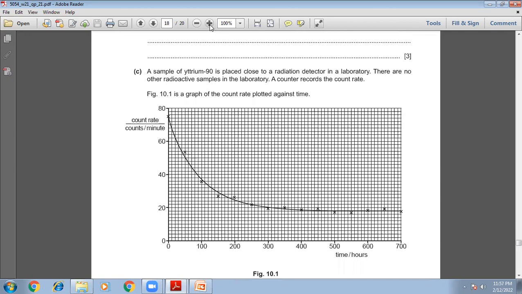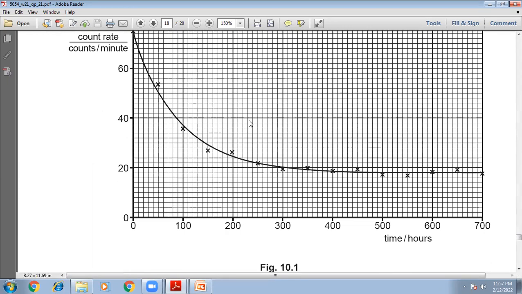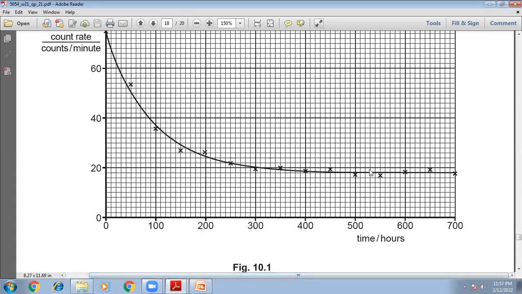So this is the graph. Let me increase the size so you can see. So here you see that when the graph becomes flat, the rate has not dropped beyond this. What is this straight line reading? This is 18. So it means that the count rate is not dropping below that 18 reading.